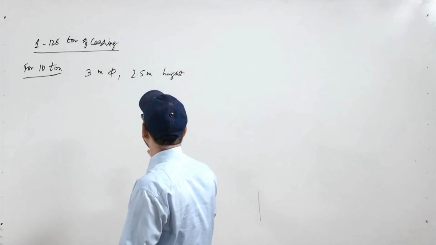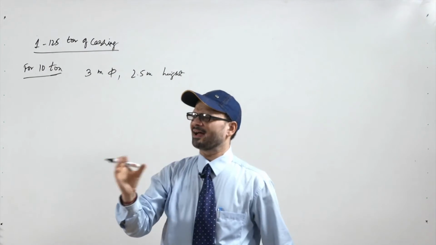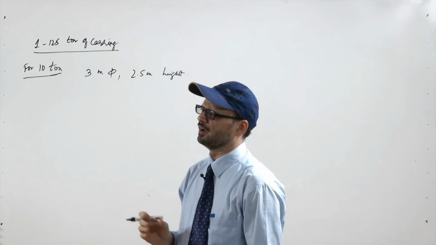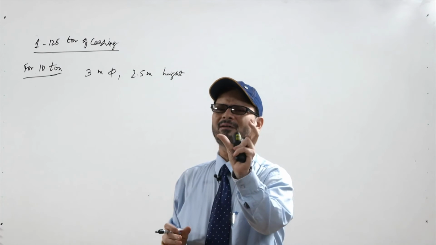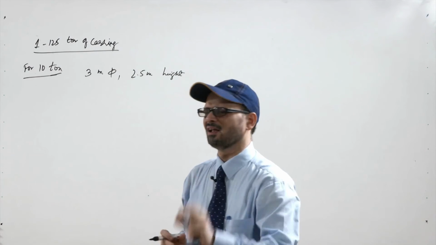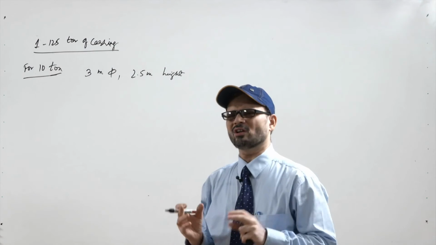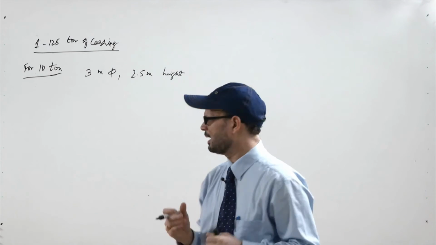So, this way you have some outer dia and inner dia of the furnace, and in between you have the refractory lining. So, that is maybe of the order of 30 to 40 mm or 50 mm.